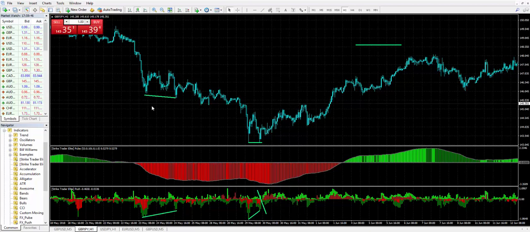Anytime I'm seeing double bottoms, double tops, price retesting an area, maybe going a little bit lower, and then a big shift to the upside, I can use that higher time frame analysis to locate activity on a lower time frame chart where I can work in an entry off one of our Strike Trader Elite Pulse signals. So it's another mechanism of analyzing what's going on underneath this price action that I'm seeing.